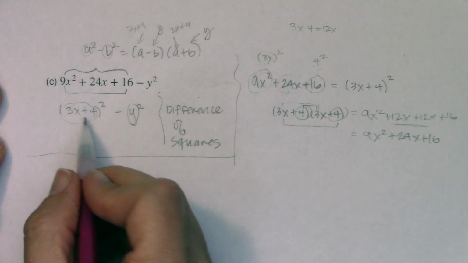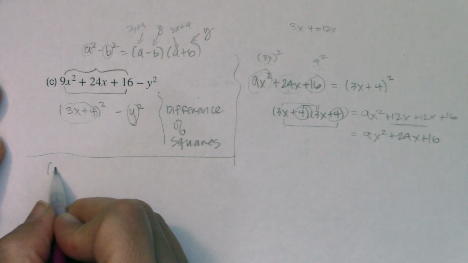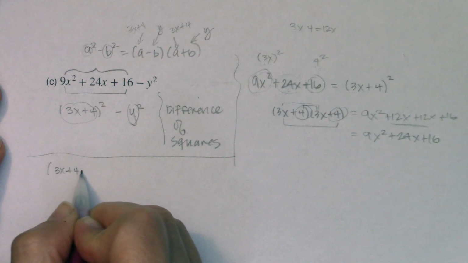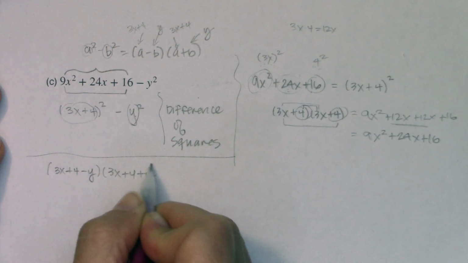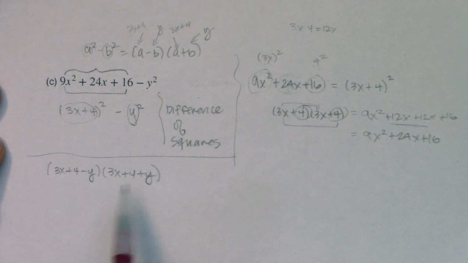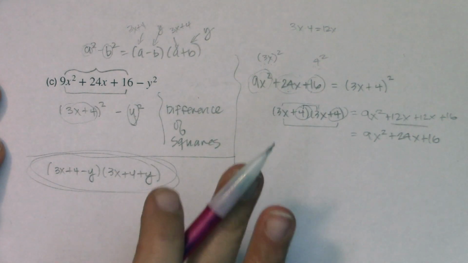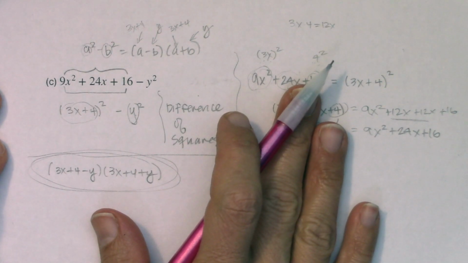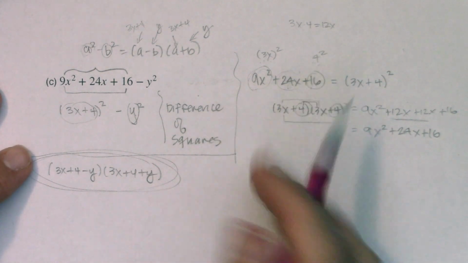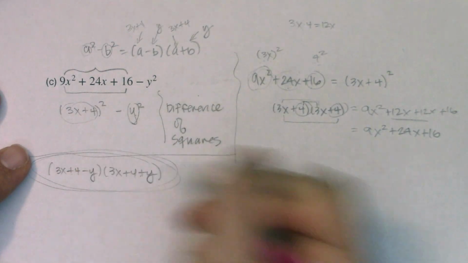But let me scooch this up so we can complete this. So I have a difference of squares, a squared minus b squared. So this is a minus b times a plus b. So this is my end game answer. And let's just say you wanted to check this. If you want to check it, you would need to multiply that back out, totally valid. This is a trinomial times a trinomial.